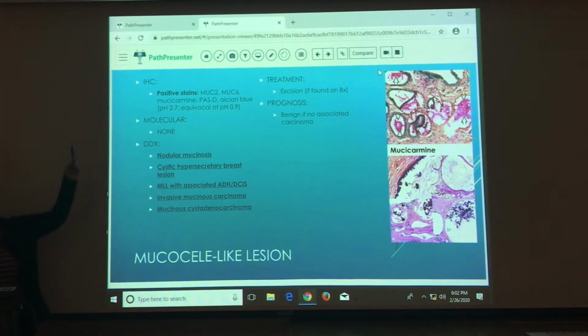If you want to do mucicarmine or any mucin stain, that's going to be diffusely positive. I guess the mucin is a little more eosinophilic in those pictures too, and those are ExpertPath pictures. The ones that I've seen have been seas of mucin where you have very little cellularity, and that's been a little more common, probably because they do these teeny little biopsies now.